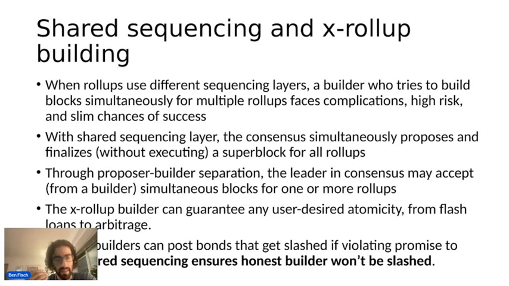And therefore, a cross-rollup builder can guarantee any user desired atomicity from flash loans to arbitrage, and it can post bonds which would get slashed if it violated its promise of some form of atomicity to the user. And shared sequencing enables an honest builder to be certain that if it behaves correctly, it won't get slashed.